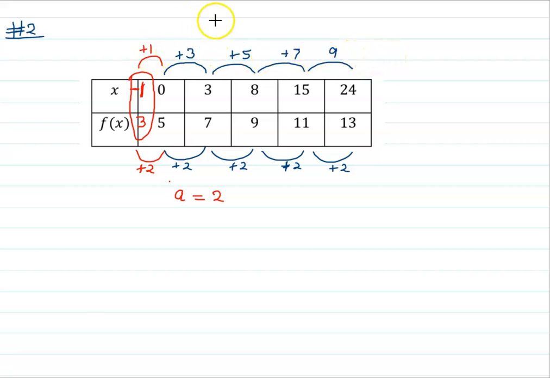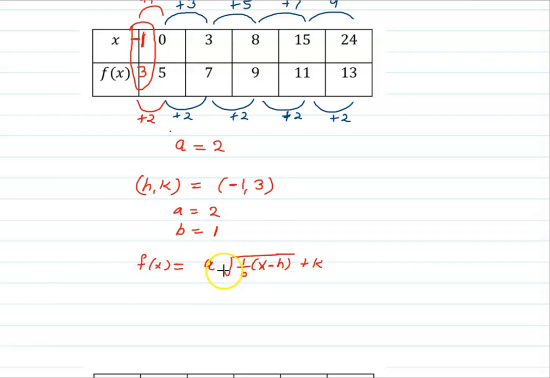That means there is no horizontal stretch, or we can say the b value is just 1. So here we got the starting point (h, k) as (-1, 3), the a value as 2, the vertical stretch is 2, and the b value is 1, so there is no horizontal stretch.